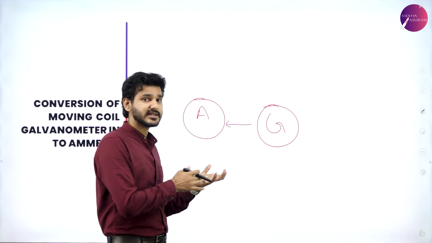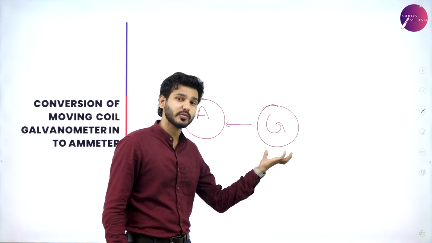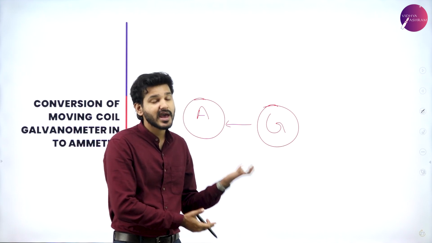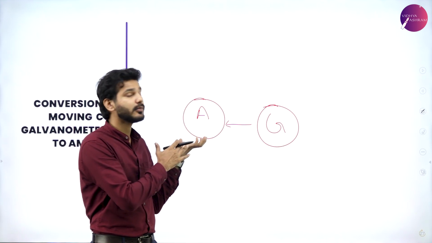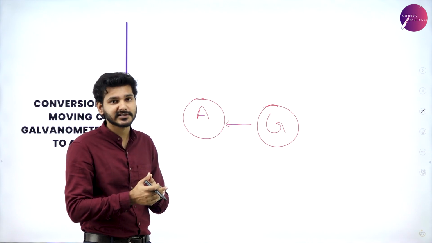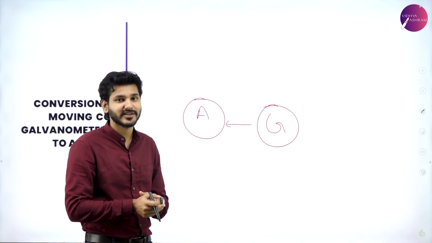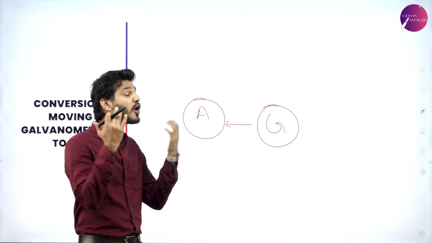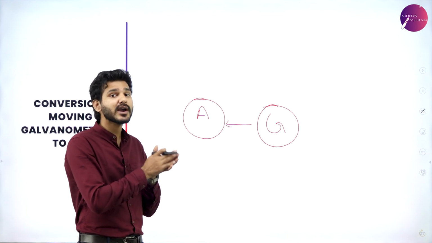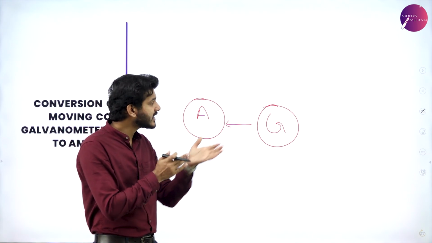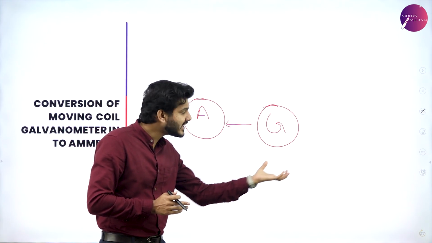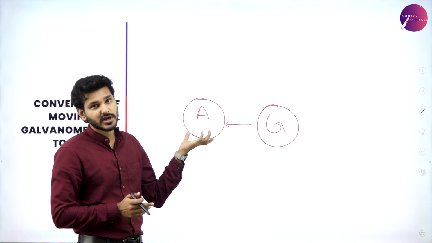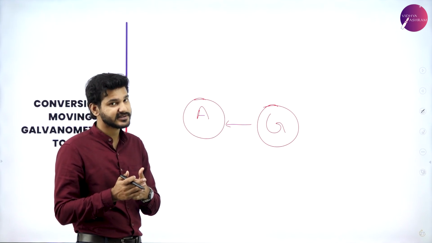Then I'll take an old galvanometer which is lying around in my lab and simply convert it to an ammeter. The cost I'll have is like 10 rupees, and I'll save that 490 rupees. So how exactly can I ensure that this galvanometer is converted to an ammeter? The trick behind that is very simple.